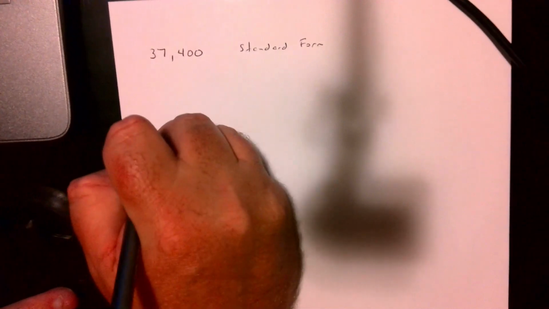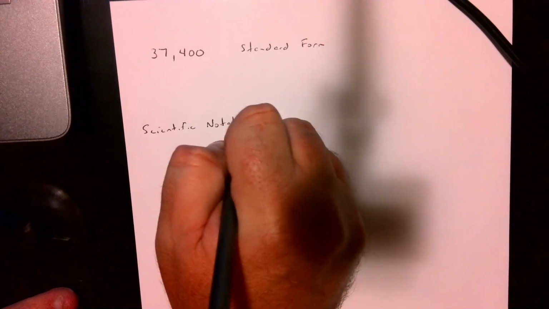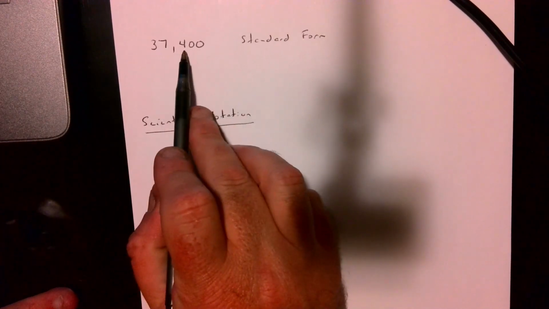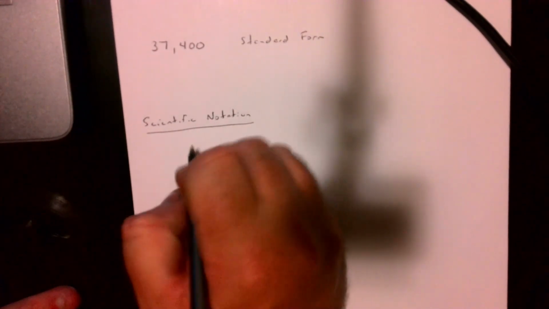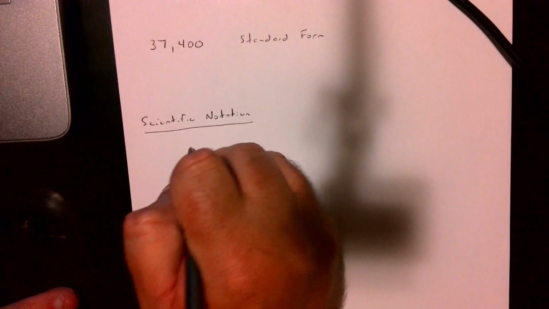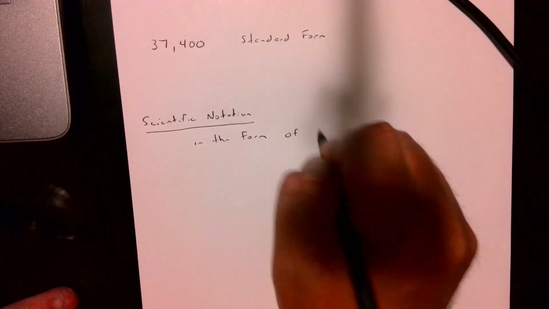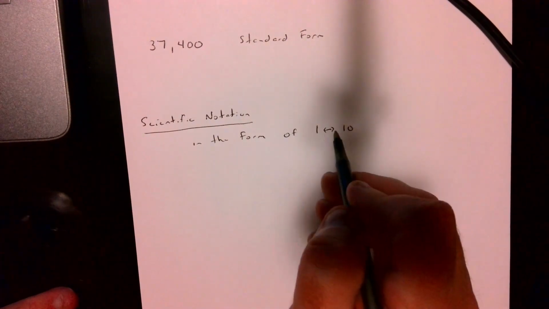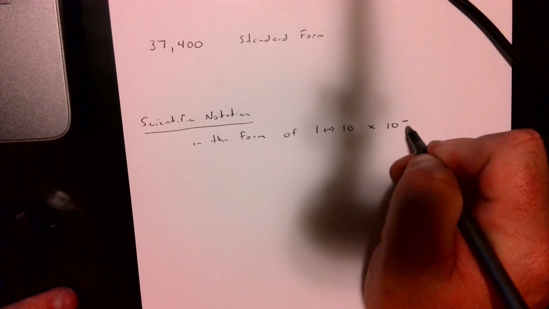Okay, so we need to first talk about what scientific notation is. Scientific notation is where we can take any number like this, 37,400, and write it in the form of a number between 1 and 10, times 10 raised to some power.